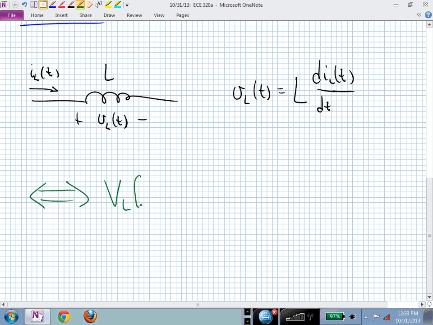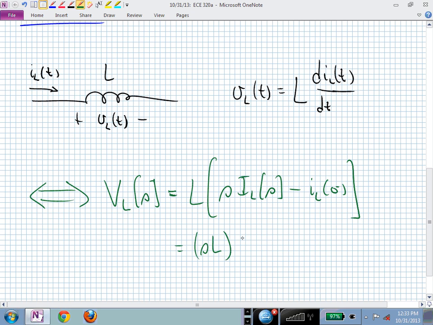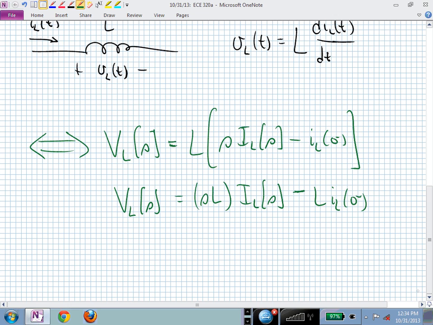If we do that, then we scale the Laplace transform of the derivative of the current of the inductor, which is S I sub L of S minus I sub L of 0 minus, by L. If we now distribute that L across both terms on the right-hand side, we now have this voltage relationship of our inductor in the frequency domain made up of two pieces.